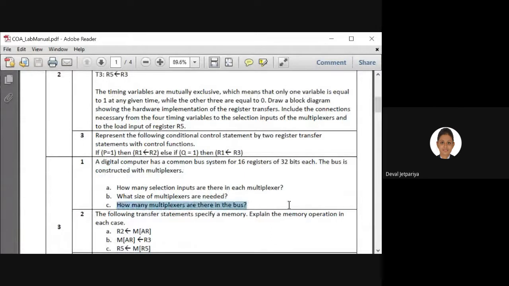Now, third question. How many multiplexers are there in the bus? We require a total of 32 bits, right? And each bit, yes, exactly. We require 32 multiplexers. Can you explain your answer, Shyam? You are correct.